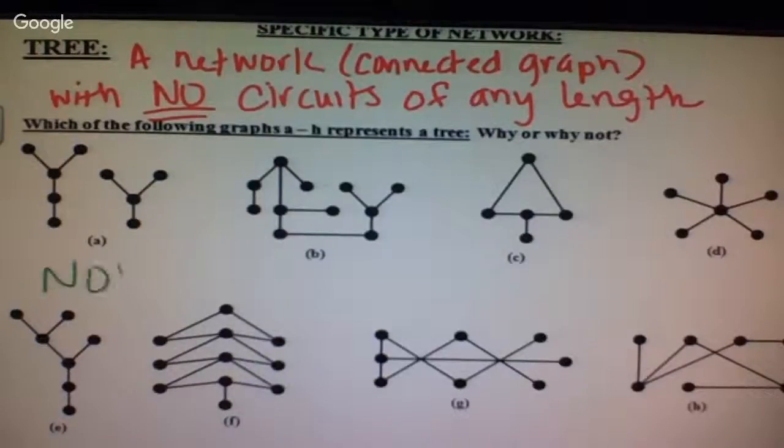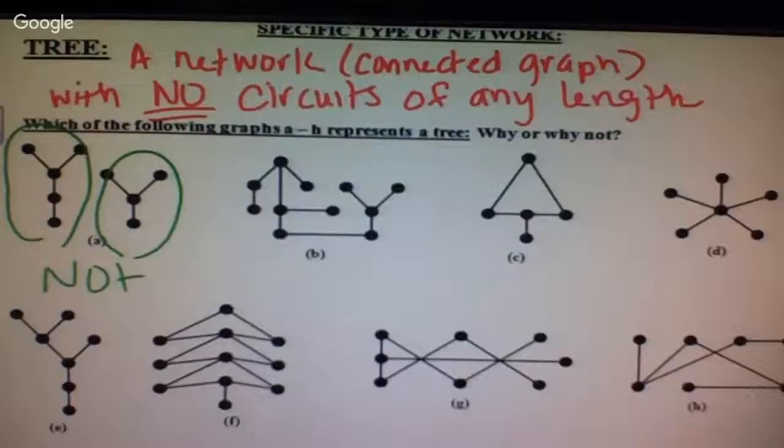You've got component 1 and component 2 that are not connected. In order for it to be a tree, there would have to be something that would connect those 2 pieces. So I would have had to draw one. As soon as you see more than one piece, not a tree.